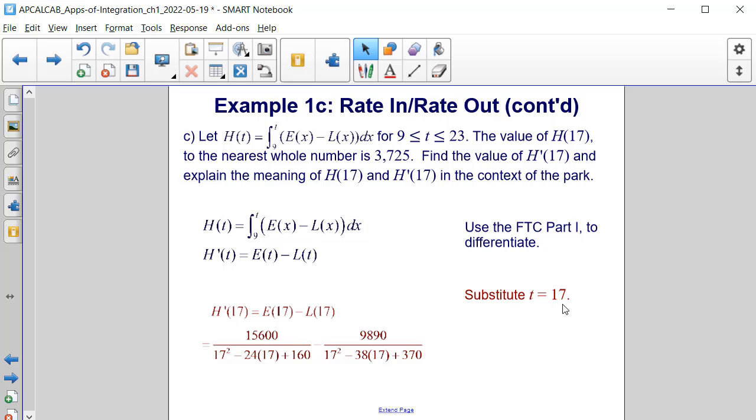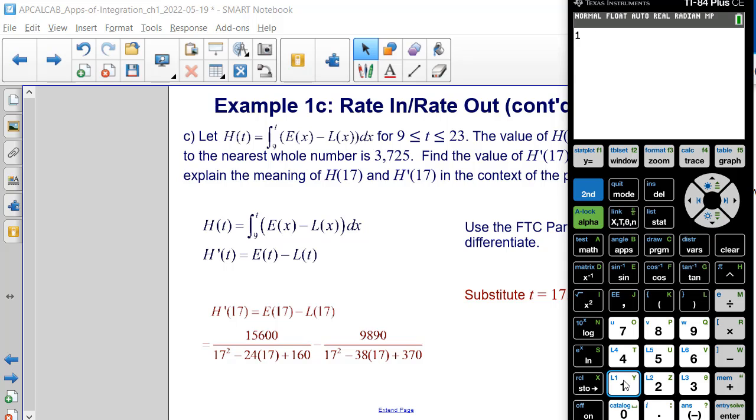Therefore, we can substitute t equals 17 directly into h prime of 17, which is again e of 17 minus L of 17. So we can substitute 17 into both of these rational functions and then evaluate it. So we have 15,600 divided by 17 squared minus 24 times 17 plus 160, close the parenthesis, and then we have subtraction.